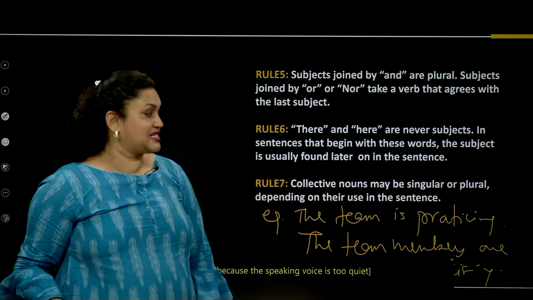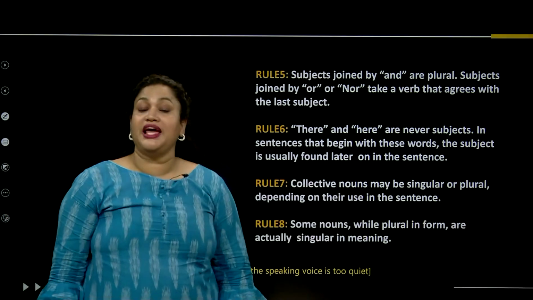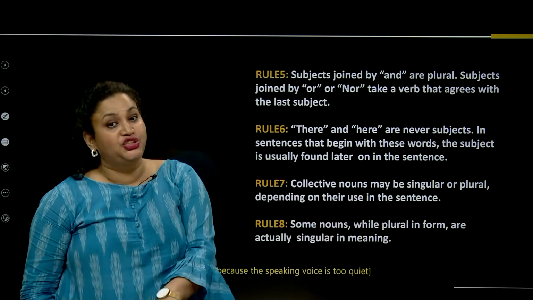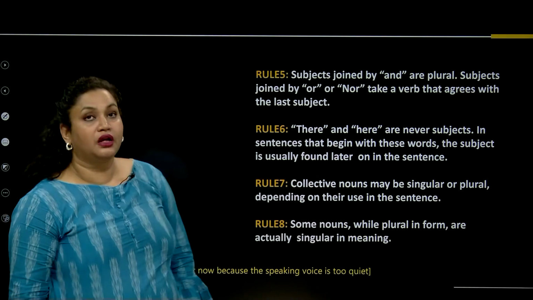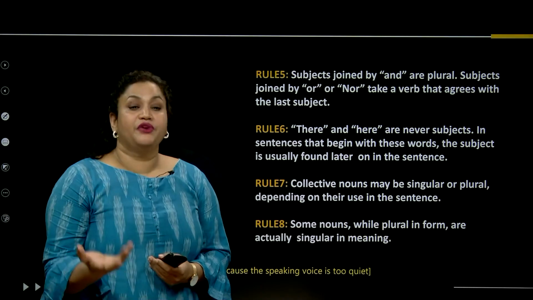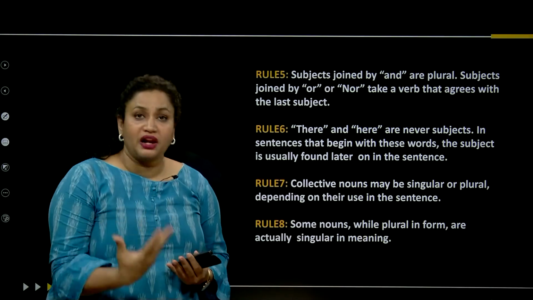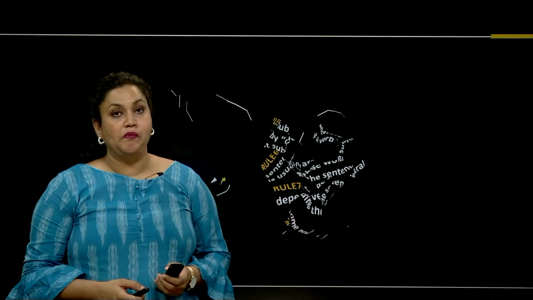Let's go to the next rule. The rule is some nouns, while plural in form, are actually singular in meaning. Now, there are some things we talk about that are basically plural in form, but we talk about them in the singular form. In that case, we are going to use a singular verb.